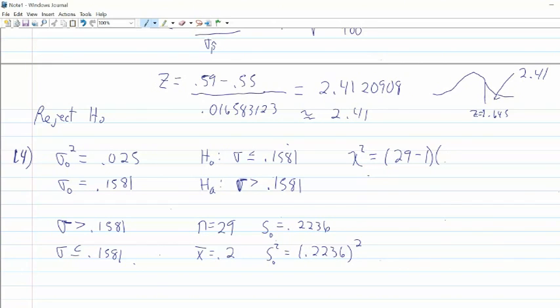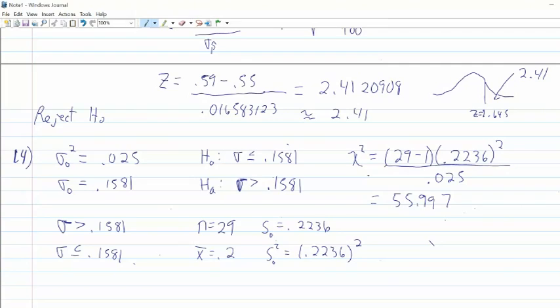So in our formula, 0.2236 squared, all over the variance from the population, which we were given. It's right here, 0.025. If you calculate that, you're going to get something around 55.997.